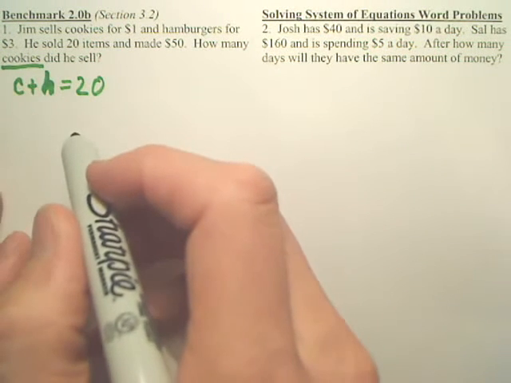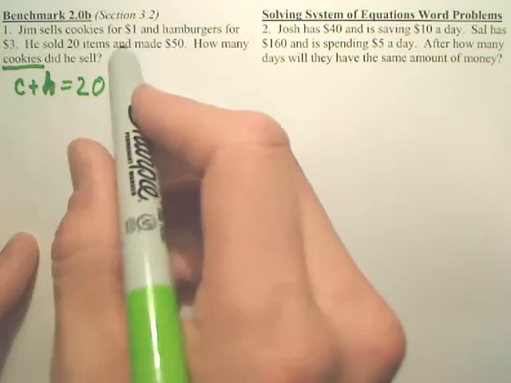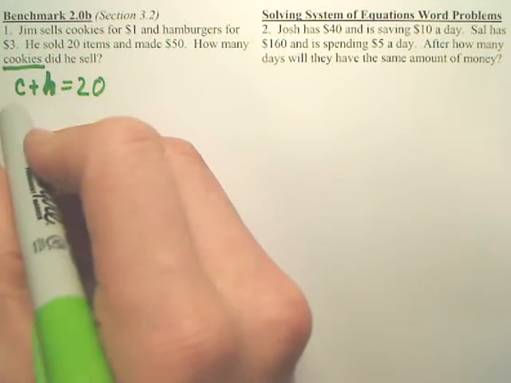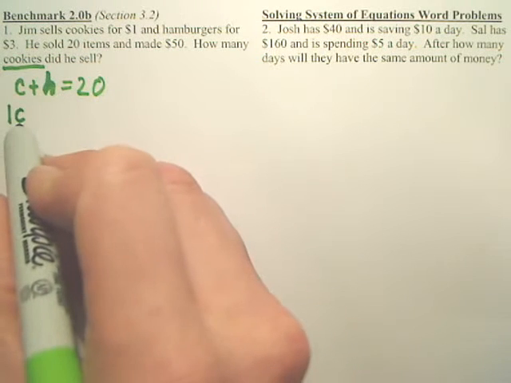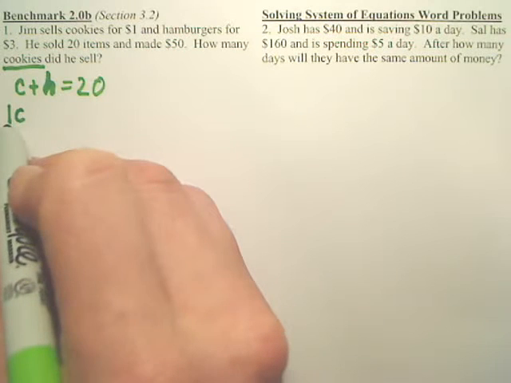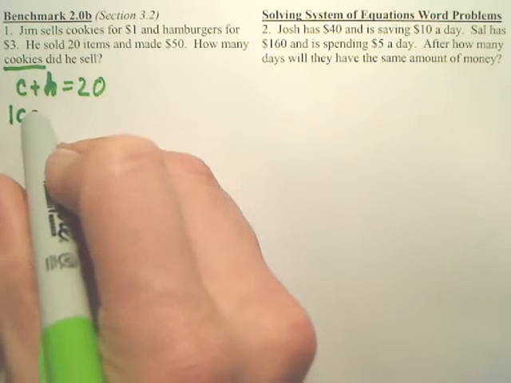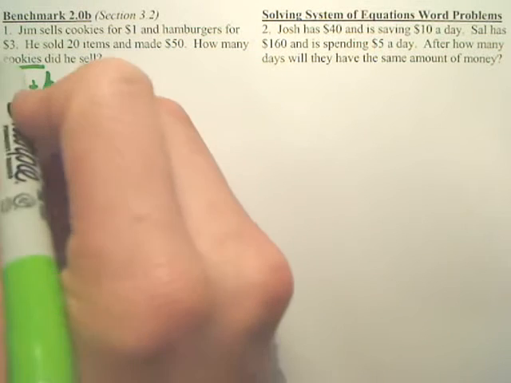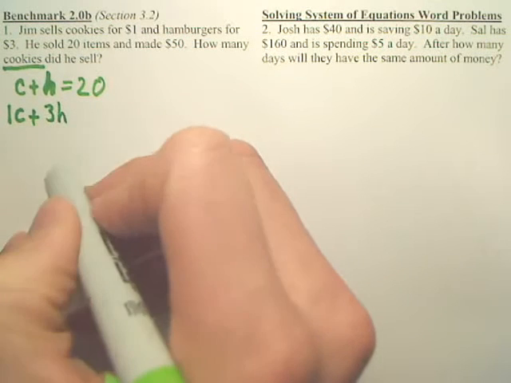Now the next piece of information you know is how much the cookies cost. $1 per cookie. So if I write it as 1C, that means for each cookie I sell, for instance 6, I multiply 6 by 1, that gives me $6. Plus, how much per hamburger? $3. So it's going to be 3H.